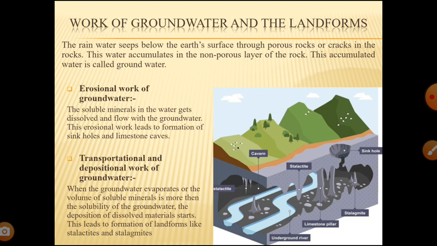Transportational and depositional work of groundwater. When the groundwater evaporates or the volume of soluble minerals is more than the solubility of the groundwater, the deposition of dissolved materials starts. This leads to formation of landforms.